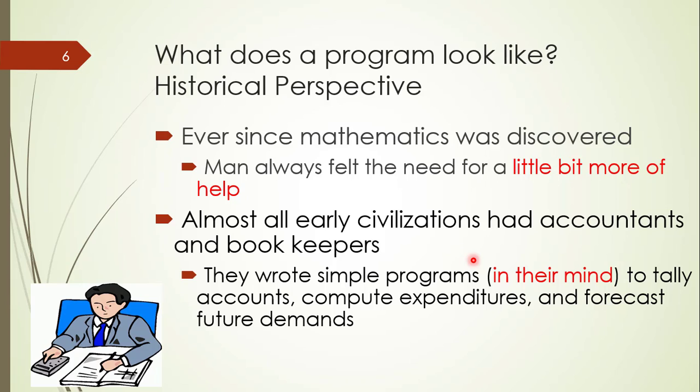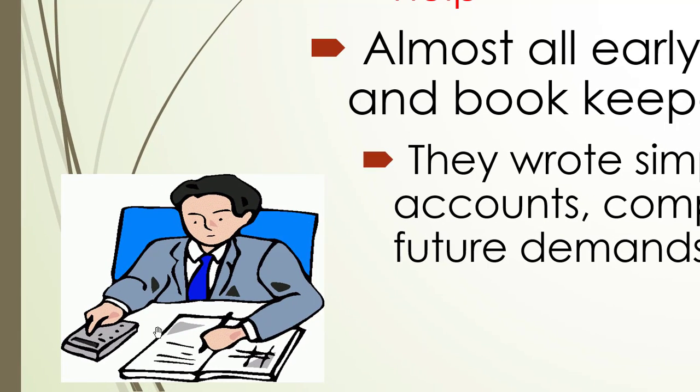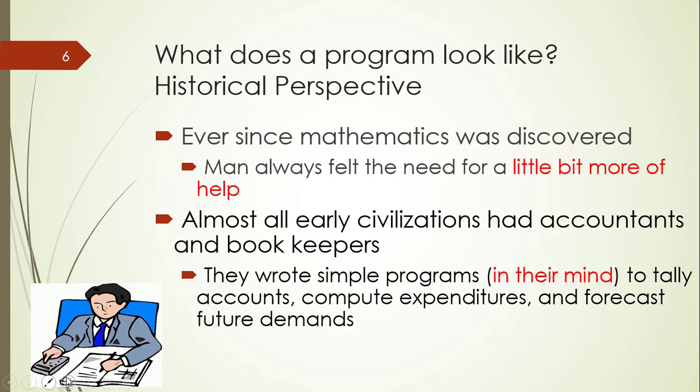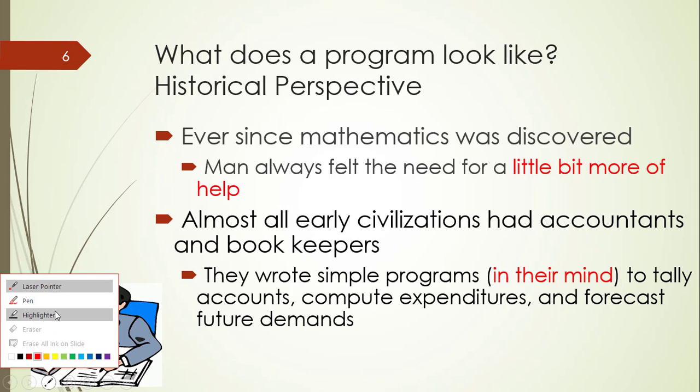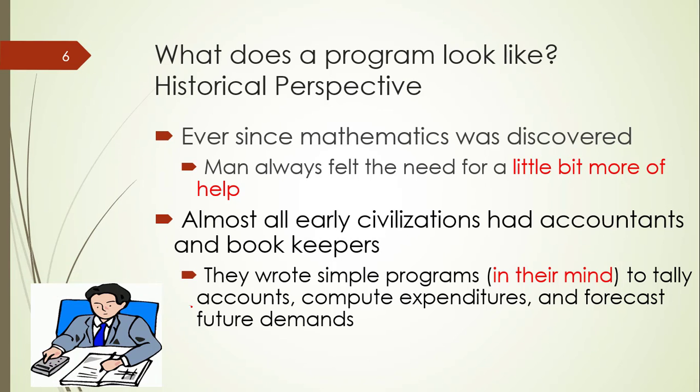Many of these things. So for that, what they did is they wrote simple programs, of course not in programming languages, but they wrote it in their mind to tally accounts, compute expenditures, and of course forecast future demands.